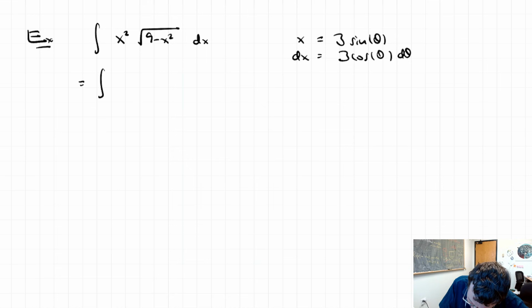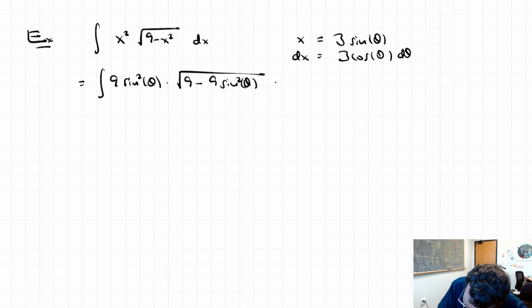And I'm going to get 9 sine squared theta times the square root of 9 minus 9 sine squared theta times dx, which is 3 cosine theta d theta.